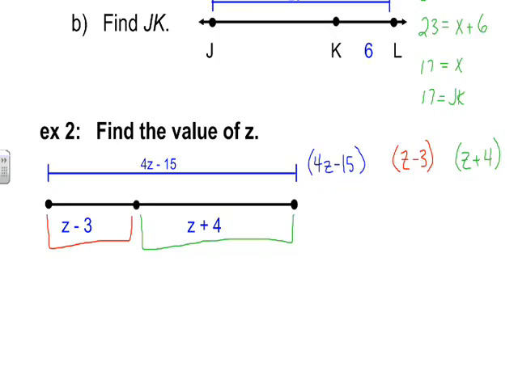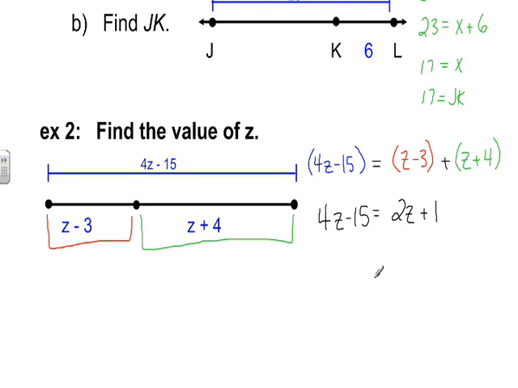According to the segment addition postulate, the longest segment's length is equal to the sum of the two smaller segments. So I've set up an equation and now we're going to solve for the variable z. On the right side, my common terms are z plus z, which gives 2z. Negative 3 plus 4 is positive 1. The left side remains the same.